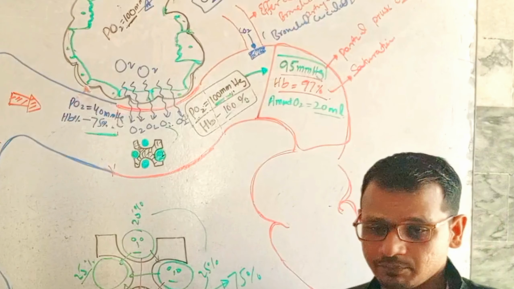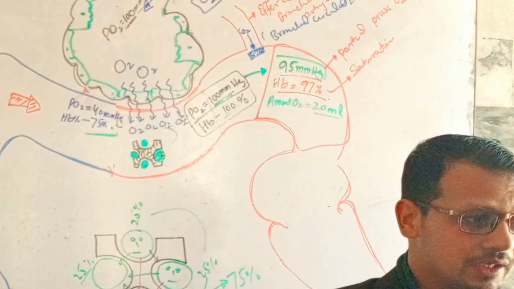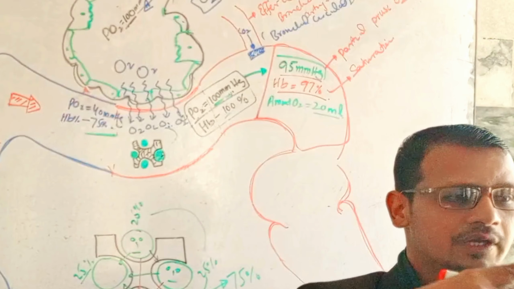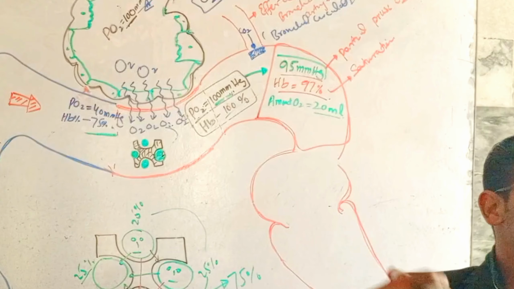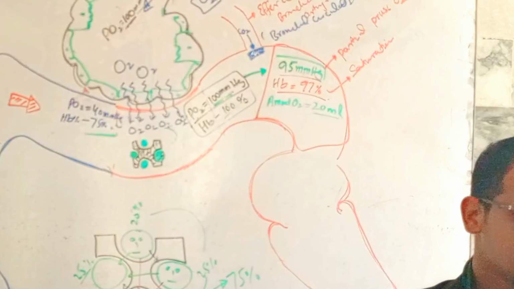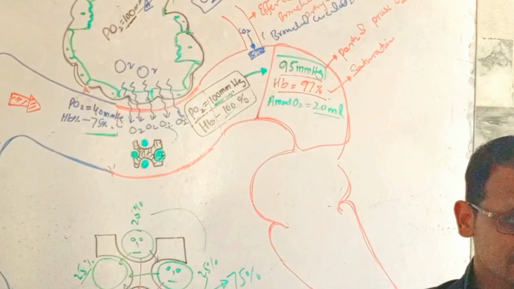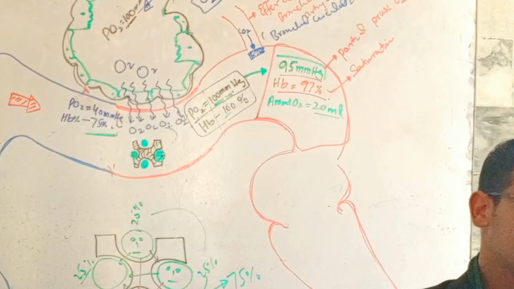Remember that in pulmonary patients or circulatory patients, or in every patient in critical condition, we are regularly calculating this saturation. When it is above 90%, we say that this patient is stable, right? But if this saturation is decreasing below 90, we get worried.